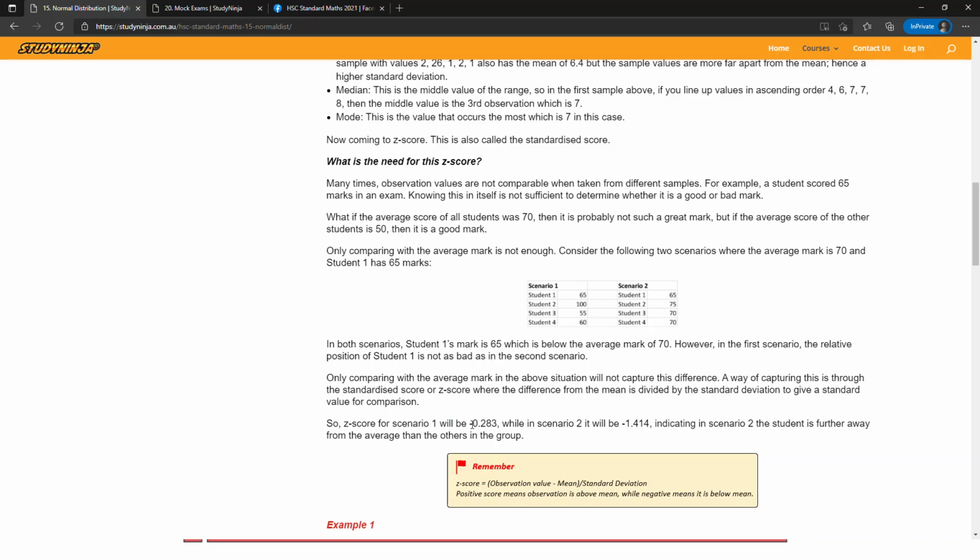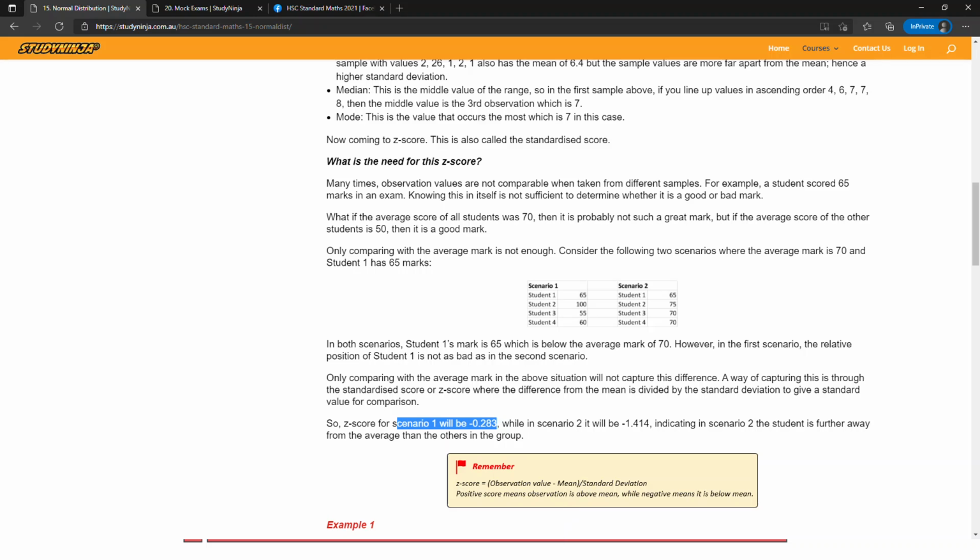Minus indicates that the person scored below the class average, and 0.283 is how far from that average the score was. In scenario 2, it's also negative, but it's much further from the mean, because this number is smaller than this number, right? By comparing these two numbers, we can tell this wasn't as bad compared to that one.